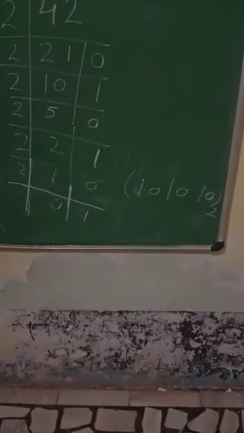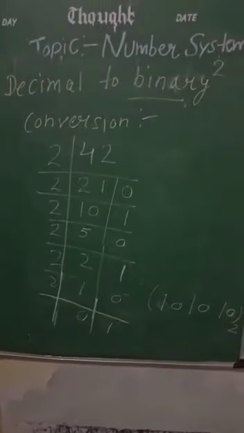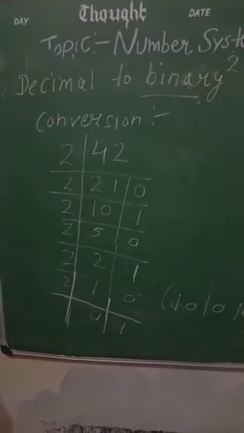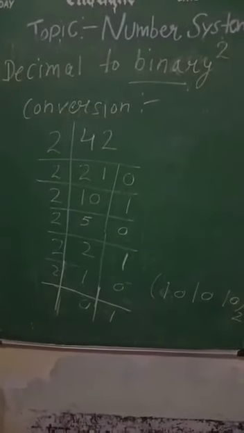I am explaining again to you, bache, how to convert decimal to binary. Here is the number 42, a decimal number. We want to convert it to binary.